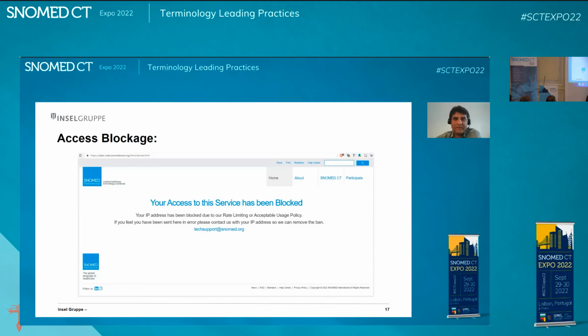And since it was automated, the approach I was mentioning was considered as a bot, or someone trying to hack or block the server. So yeah. But this problem can be avoided by using a local instance of Snowstorm.